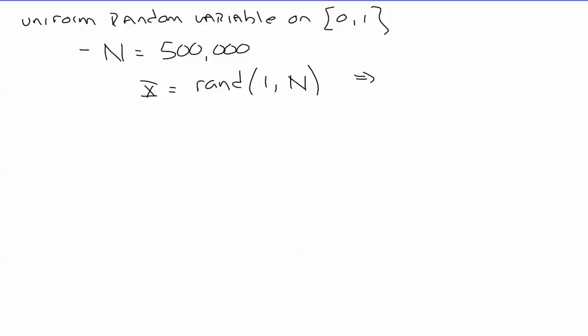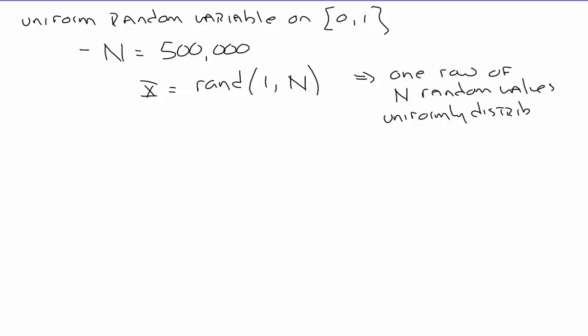What this code gives me is one row of n random values uniformly distributed between 0 and 1. I decided that I was going to look at 40 bins.